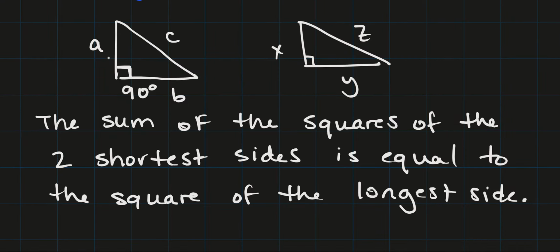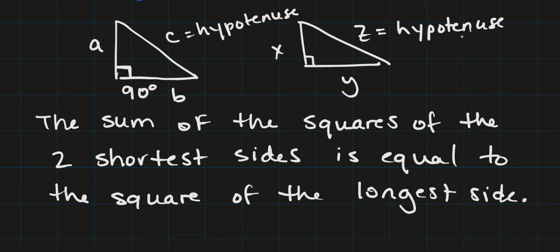Okay, so for our picture, the longest side here is C, which we call the hypotenuse. And on this triangle it is Z. So longest side, another word for it is hypotenuse.